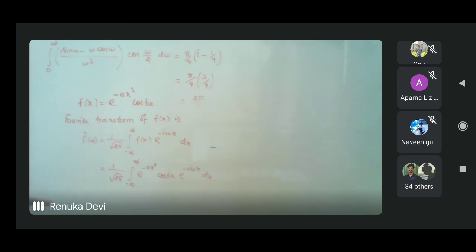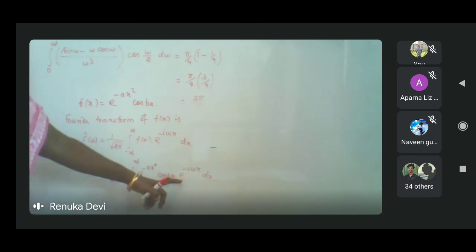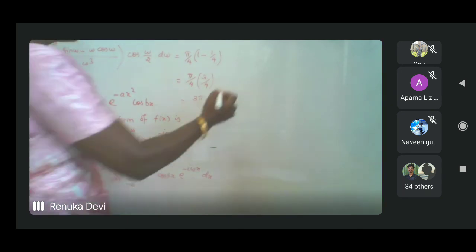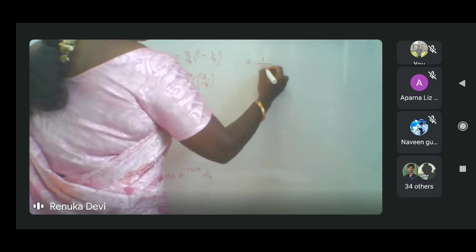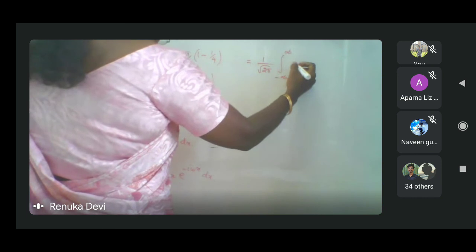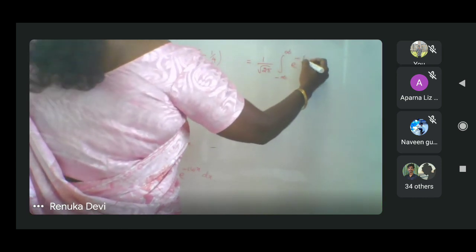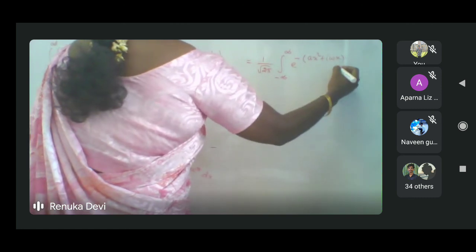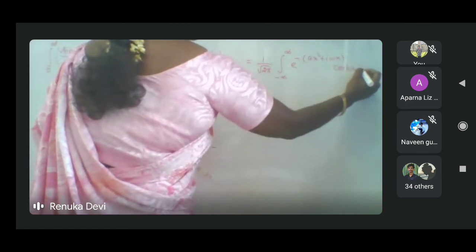But already we have done one problem like this, isn't it? So you combine these two, what do you get? Therefore 1 by root 2 pi, integral from minus infinity to plus infinity of e raised to minus a x square minus i w x into cos bx dx.